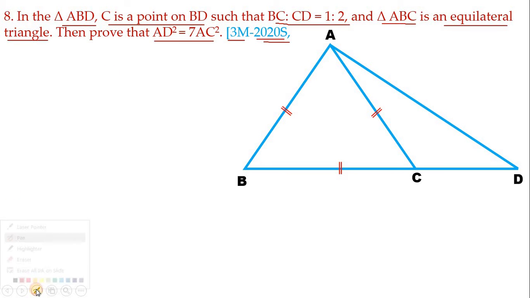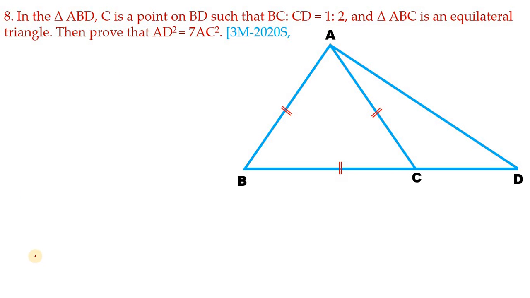So first look at the figure and understand the problem properly. In the triangle ABD, where is triangle ABD? Here, this full triangle is triangle ABD. And C is a point on BD such that BC is to CD equals 1 is to 2.